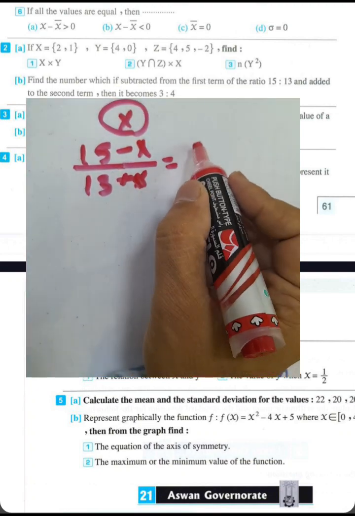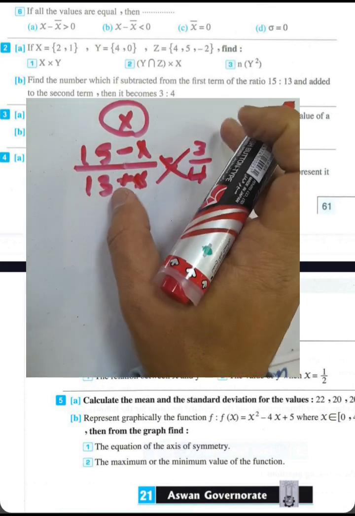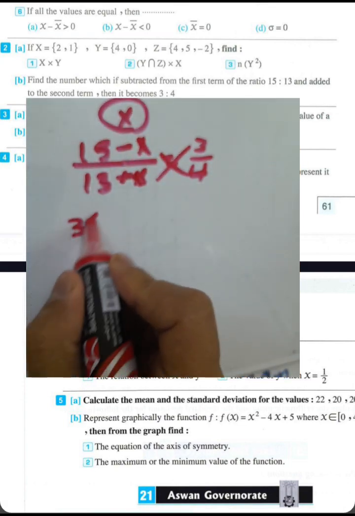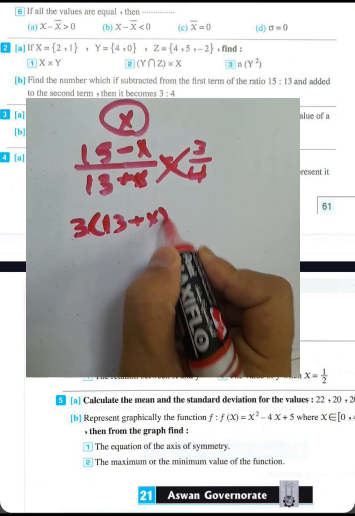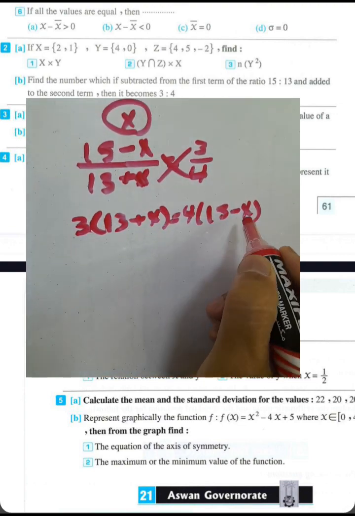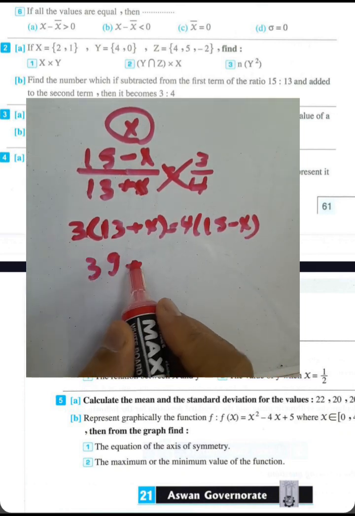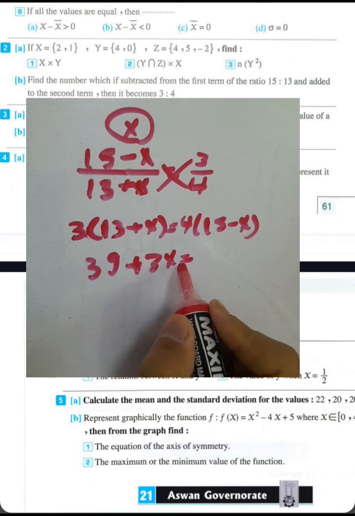It will be 3 over 4. Right, here product of extremes equals product of means. 3 times 13 plus x and 4 times 15 minus x. 3 times 13 will be 39 and 3 times x will be 3x.